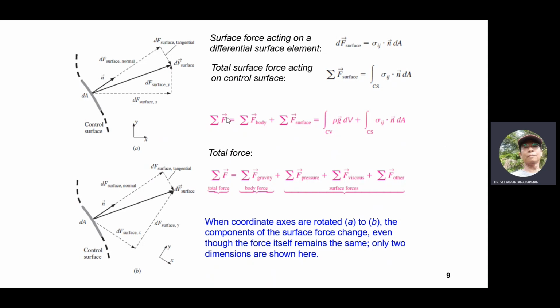Then the total force is equal to the summation of the body force plus the summation of the surface force, becoming the integration over the whole control volume of rho g dV plus the integration over the whole control surface of the vector sigma ij dot n multiplied with dA.